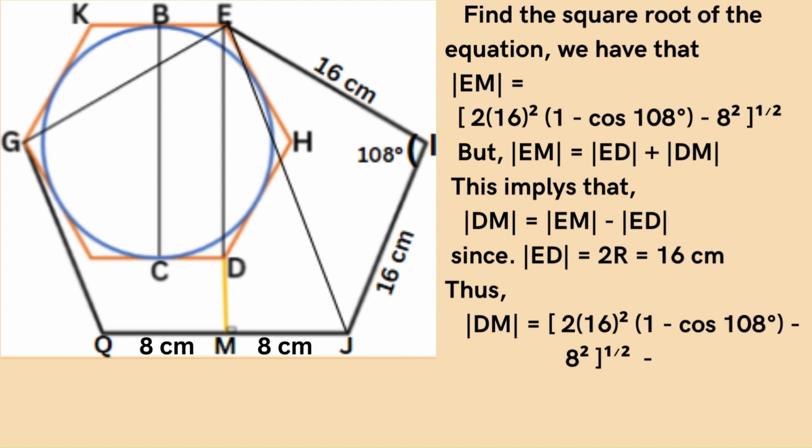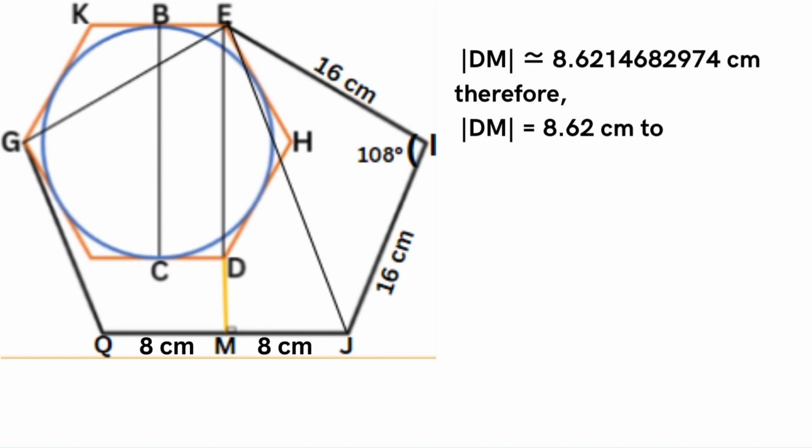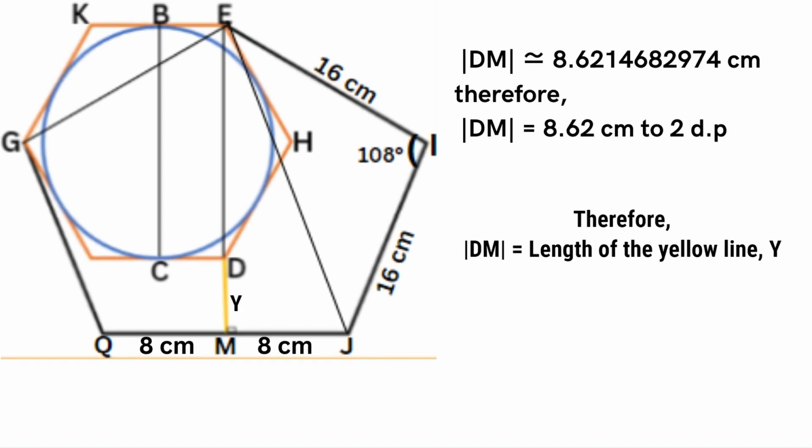Simplify and we have that line DM is approximately equal to 8.6214682974 centimeters using a calculator. Therefore, line DM equals 8.62 centimeters to 2 decimal places, which is the required length of the yellow line, y.